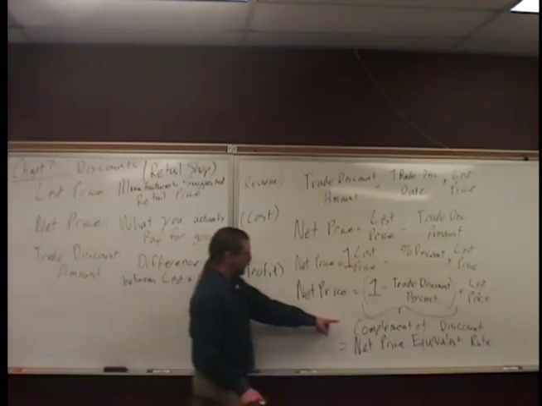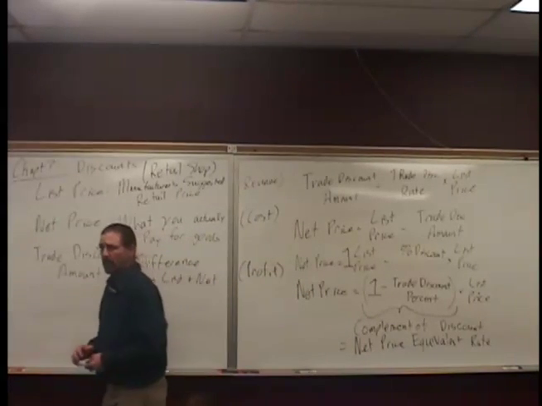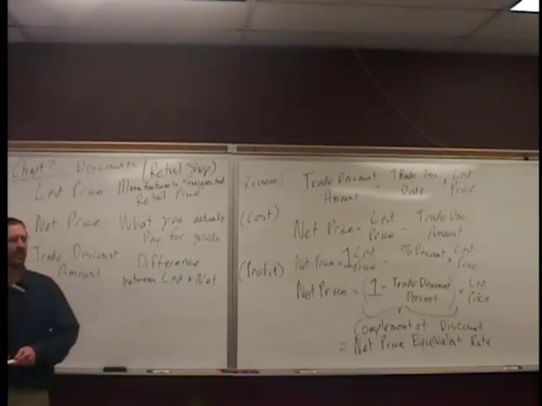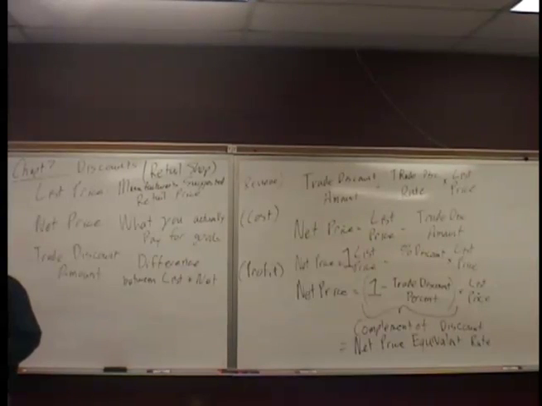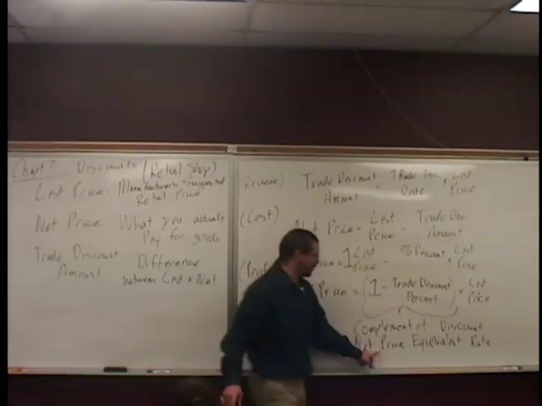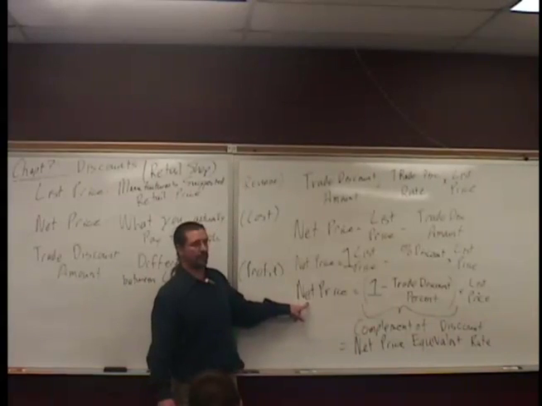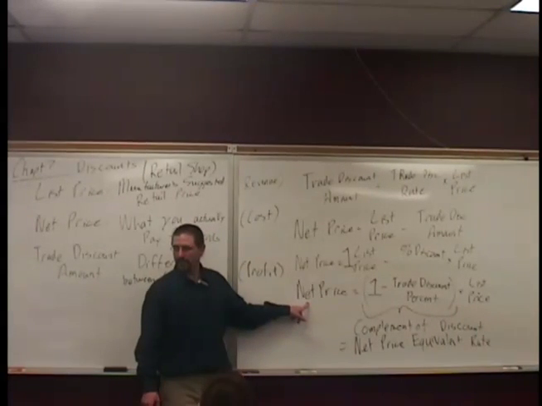This complement of your discount is often called the net price equivalent rate. Why do you think they call it the net price equivalent rate? Because when you take this number and multiply by the list price, what do you get back to? Net price. Okay? Hence, the net price equivalent rate.